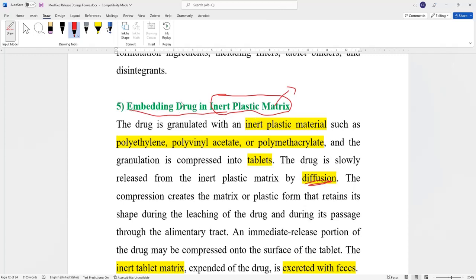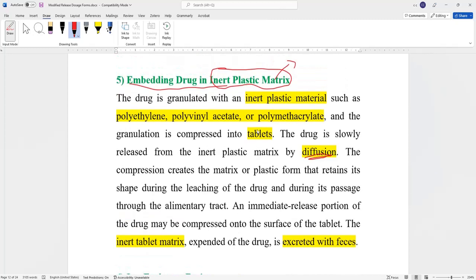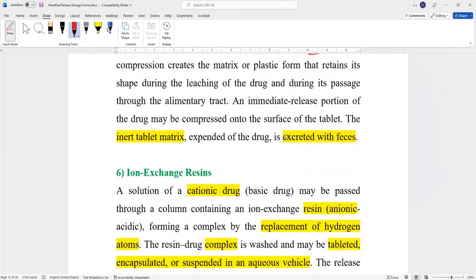We can use them to provide the inert plastic matrix. When you mix them with the drug and compress them into tablets, the drug will be released slowly through diffusion. But what is going to happen? This inert matrix will be excreted in the feces, in the stool, and they call it a ghost tablet.